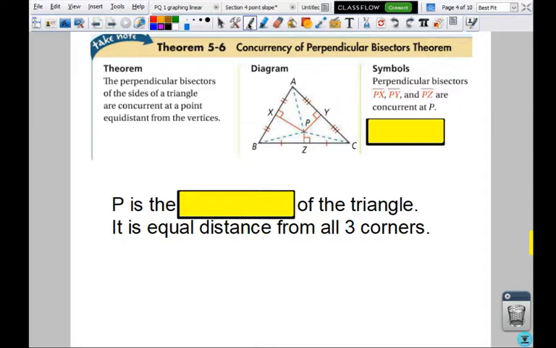If I take a triangle and take the perpendicular bisectors of each side, right here XP is a perpendicular bisector, YP is a perpendicular bisector, ZP is a perpendicular bisector, because they all make 90 degrees and they're all right in the middle of each side. If I take all 3 of those, they meet at a point of concurrency. They will always cross at the same spot, P. We usually label it P, and it is called the circumcenter of the triangle.